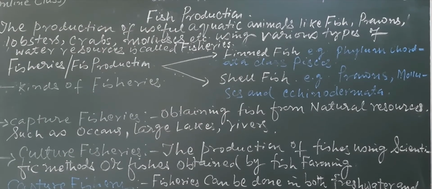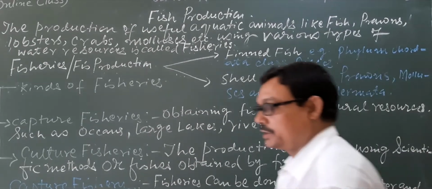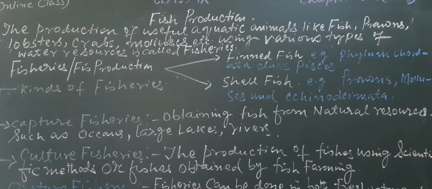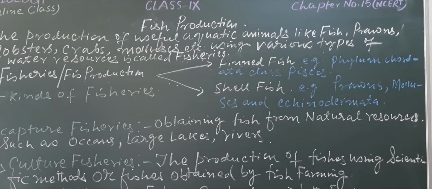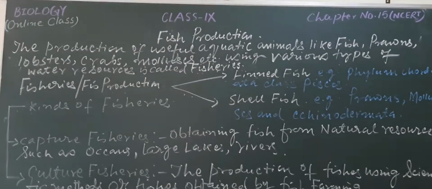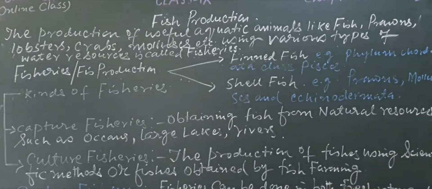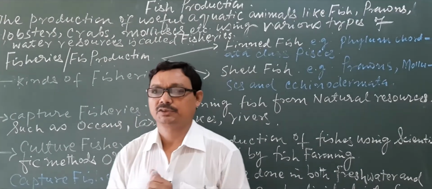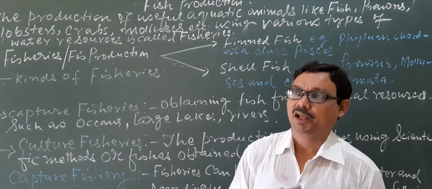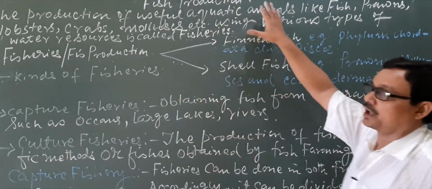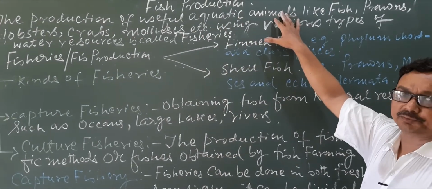Now in animal husbandry we are in the third part, cattle farming. After that we have seen poultry farming, and now it is the third part, fish production. Fish is an important protein source, and it is a good and cheap source of animal proteins.